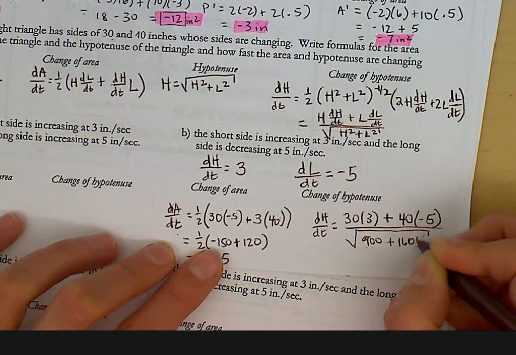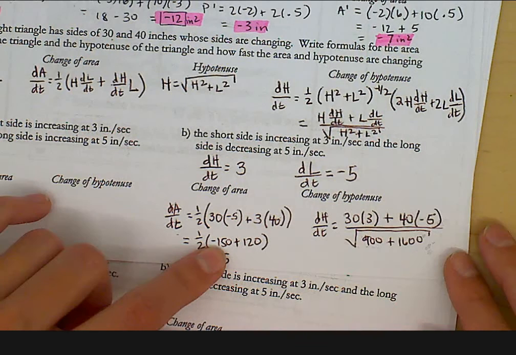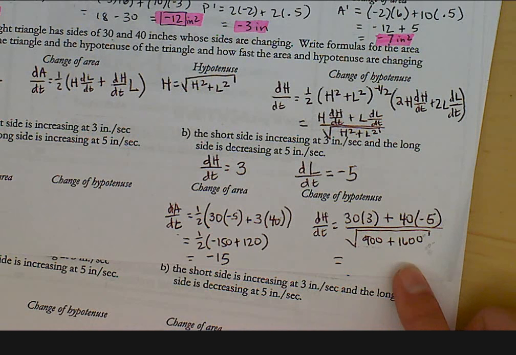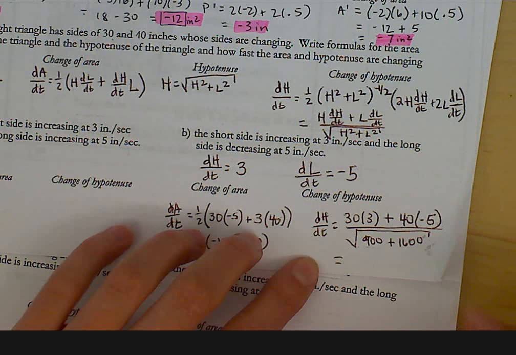And I'm just going to put all this in a calculator. So 30 times 3 plus 40 times -5, divided by the square root of 900 plus 1600, which I think is 500. Okay. So that's -2.2.